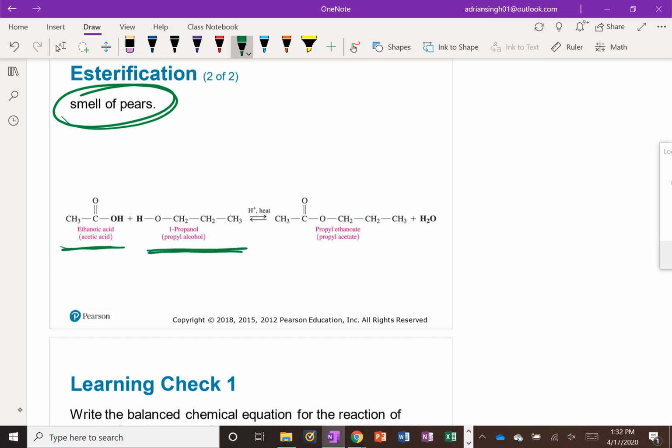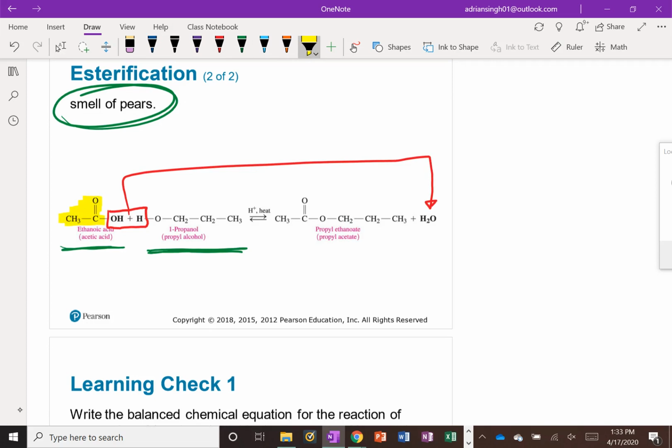And again here, when you draw these molecules, it's a good idea to draw them so that the functional groups that are going to react are right next to each other, it's a little bit easier to interpret what's happening. So the OH from the acid combines with the H from the alcohol, right? And that makes water as one of the byproducts. And then what remains, we're just going to stick them together.